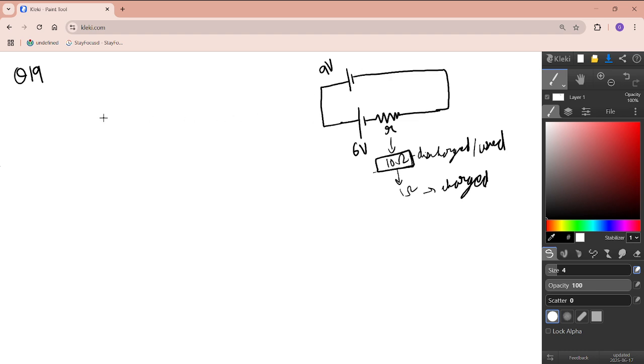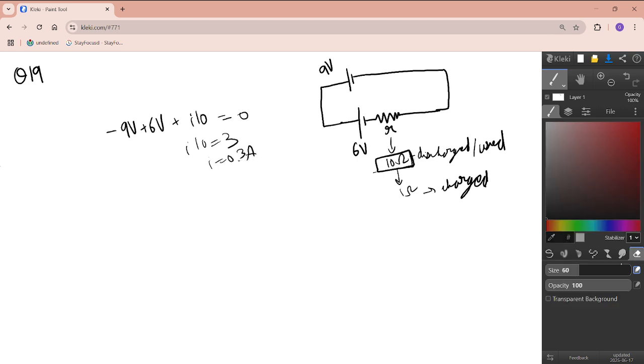You have a voltage gain of minus 9 volts. It's a gain, so potential rise is negative, and we have a loss of 6, and you have a loss of IR, so it's 10, and it's 0. So you take it to that side. I times 10 is 3 and I is 0.3. So it's quite easy if you do it this way, and that's how it's done.